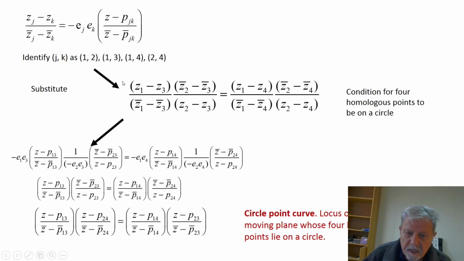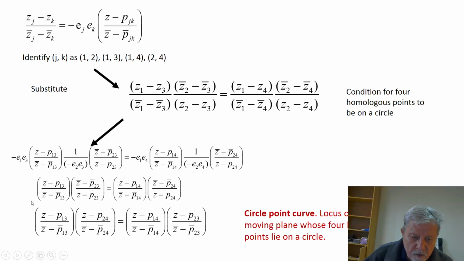Now, if I identify Jk as such and substitute into this equation, we obtain (z minus P13) divided by (z bar minus P13 bar), E1, E3, times 1 over E2, E3, (z bar minus P23 bar), remember? (z minus P23), this term, is equal to E1 minus E4, (z minus P14) divided by (z bar minus P14 bar), this term, times 1 over minus E2 E4, (z bar minus P24), (z minus P24), this term. Now, if you look at these, they will cancel.